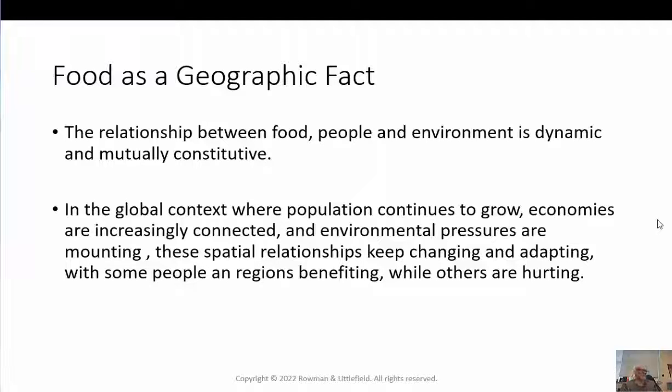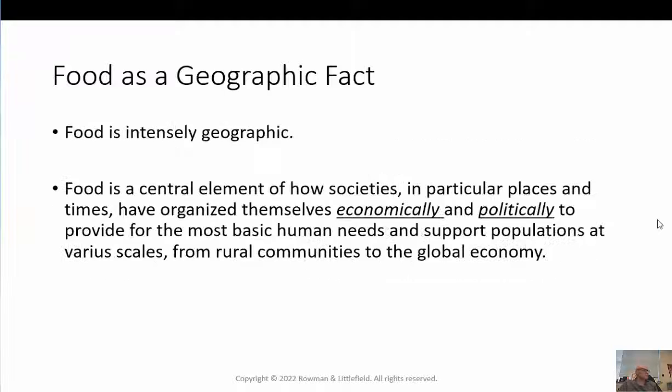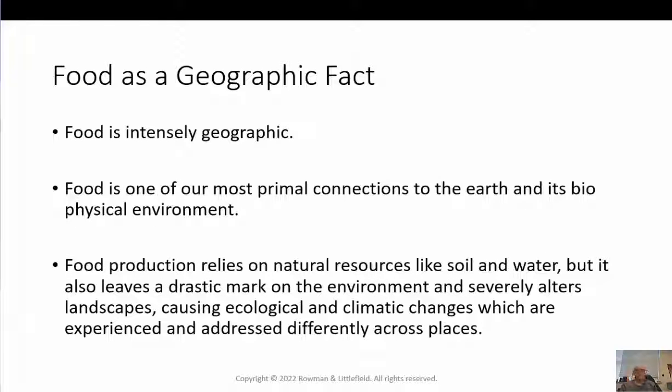Because if you have to pay a lot of money for food to go to your location, well, that cost is going to be passed down to the consumers. So food is intensely geographic. In particular places, we've organized ourselves economically and politically to provide for the most basic human needs and support populations at various scales, from rural communities to the global economy.